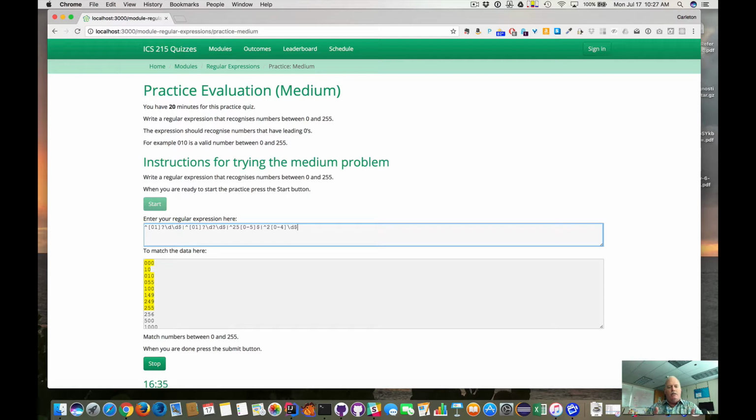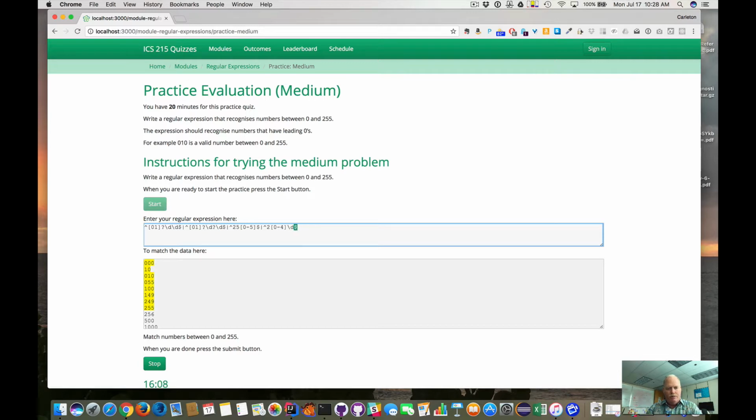So now that's matching all the numbers from single-digit numbers, two-digit numbers, a leading 0 three-digit number, leading with two zeros one three-digit number, the 250 through 255, and then the 200s up to 249.